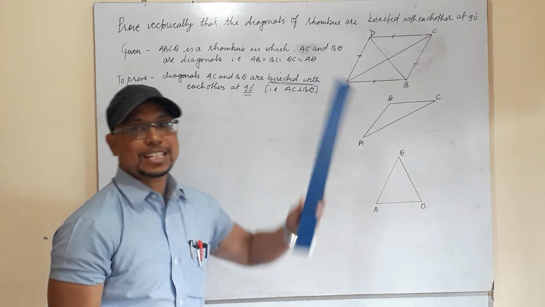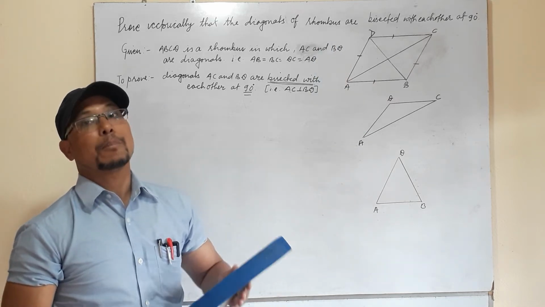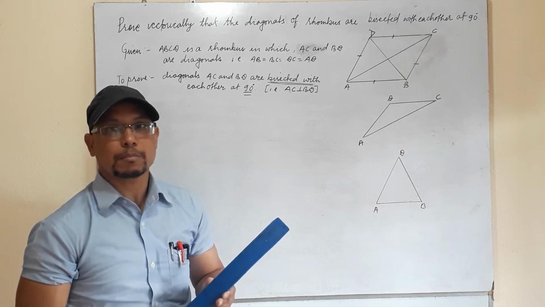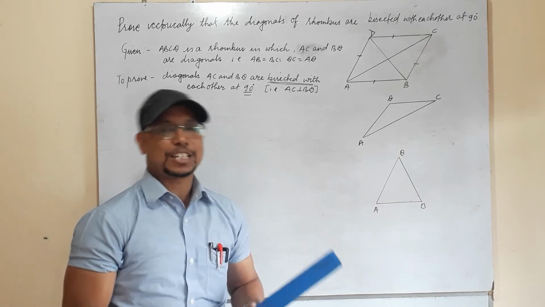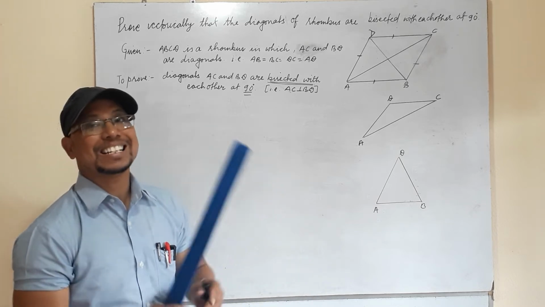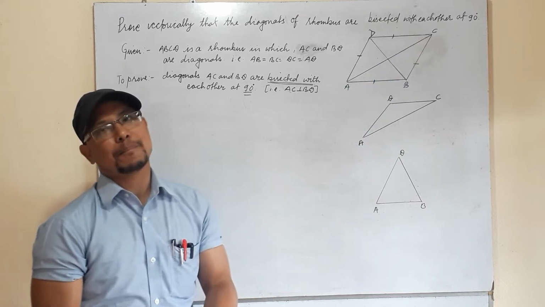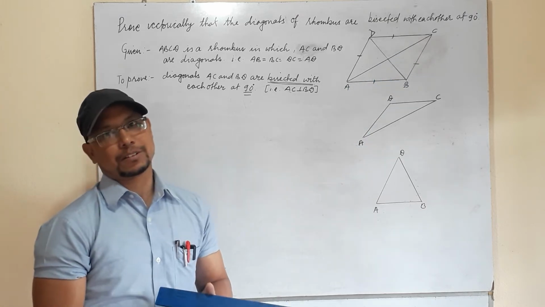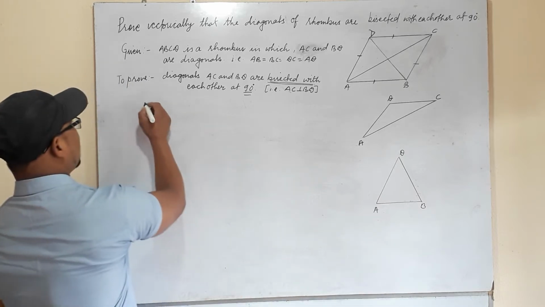This ABCD is a rhombus and a rhombus is a parallelogram, and we have already proved the theorem that the diagonals of a parallelogram are bisected with each other. So in one number we can write that it is obvious that AC and BD are bisected with each other because it is a parallelogram.